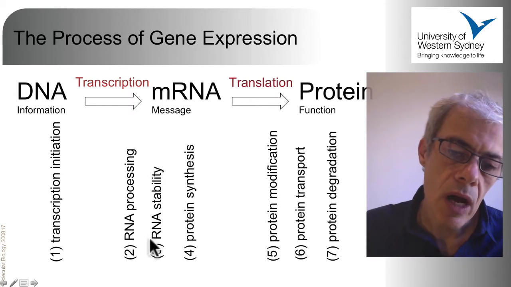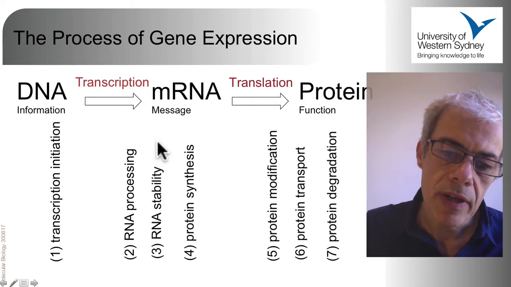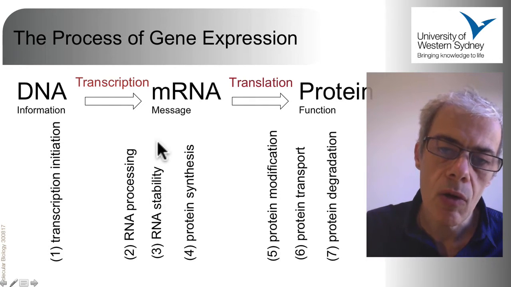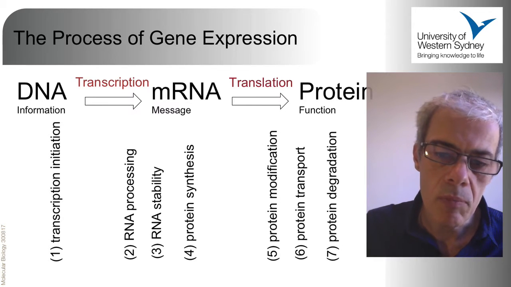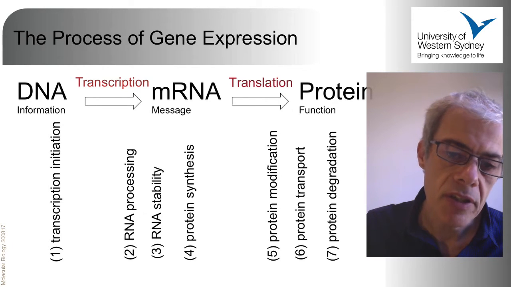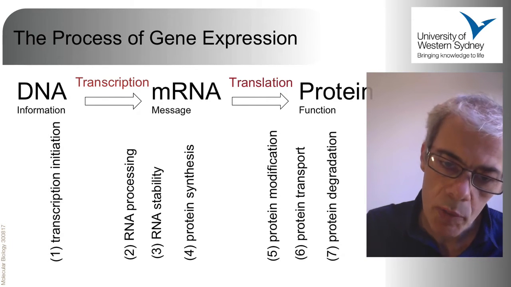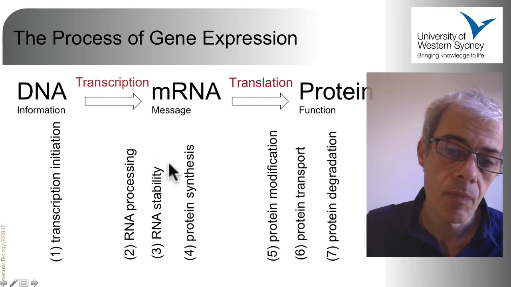RNA stability is also an important factor in the control of gene expression, because effectively the more stable and long-lived the messenger RNA, the more protein can be made from that message. Short-lived messenger RNAs are only available for a short period of time for protein synthesis.